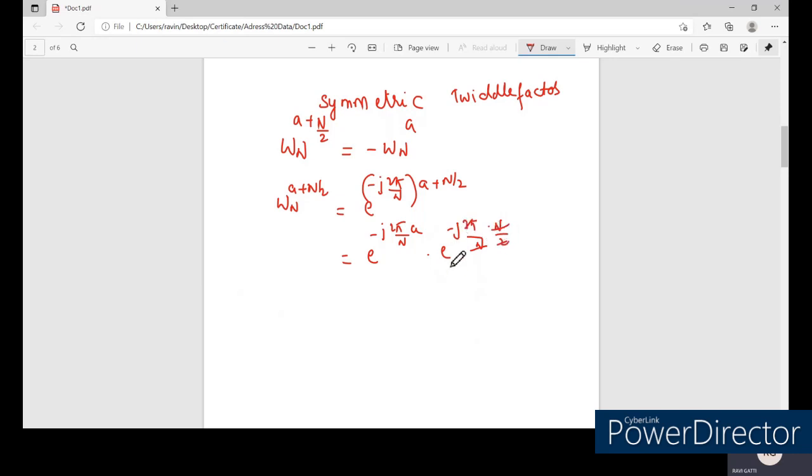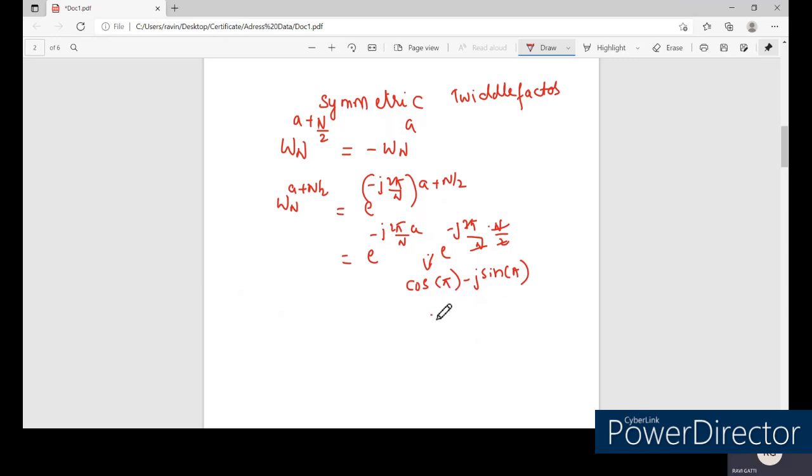So what you'll be getting is e power minus jπ, and one more important term is e power minus j 2π by n into a. Now let us simplify this expression. You'll be getting cos π minus j sin π.